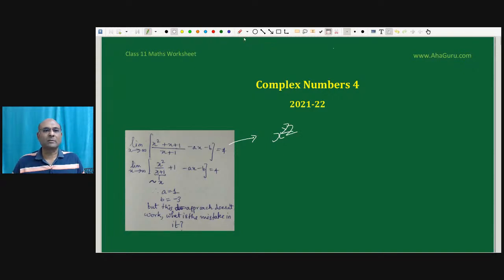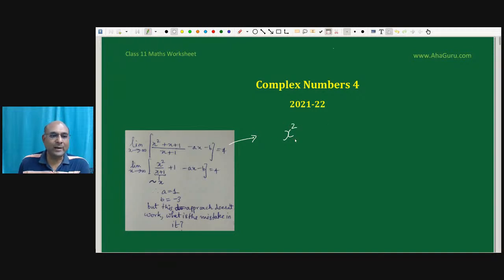I think something is wrong with my writing pad. Just a second. Okay, no, it's better.